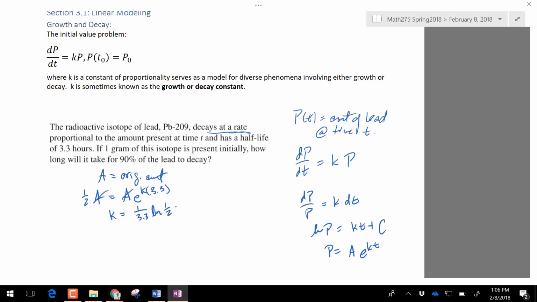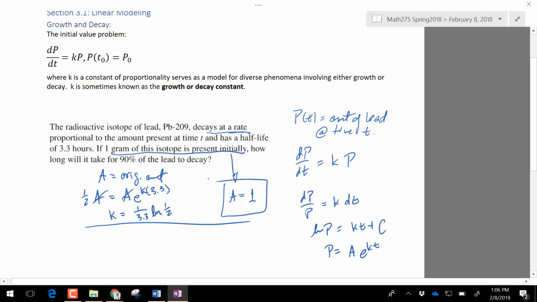Right, ln of something between 0 and 1 is negative. So this is a negative number, it's a decay. And then we know that 1 gram of isotope is present initially, so your P naught or your A is equal to 1 gram.